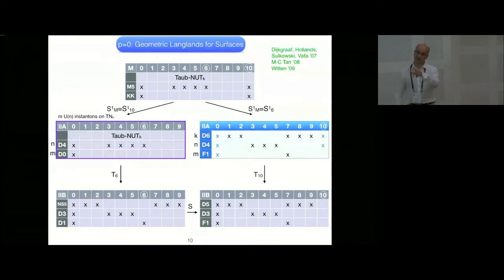So this configuration was explored by Diaconescu, Hollands, Sulkowski, and Vafa. And then Meng-Chwan Tan and Ed Witten used it to actually relate moduli spaces of these instantons to WZW. We'll mention this in a second. And of course, one can complete the circle, and one can choose one's favorite picture to talk about, but it's these 2 that I want to focus on.